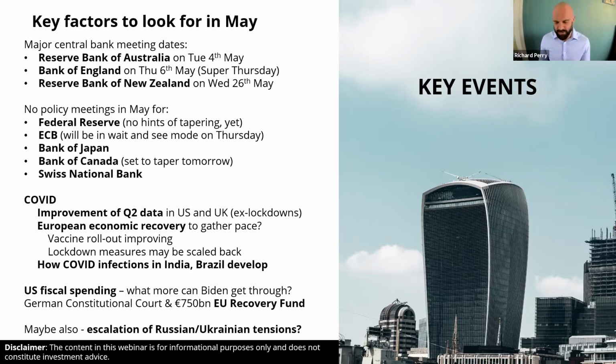Now, with regards to the COVID situation, obviously you've got two different contradictory factors at the moment. You've got the fact that several countries around the world, and some big countries such as India and Brazil, have really suffered amidst this surge of the variants of COVID, so subsequently infection rates have gone up, and obviously that's going to feed through into more lockdowns of the economies, and unfortunately deaths as well.